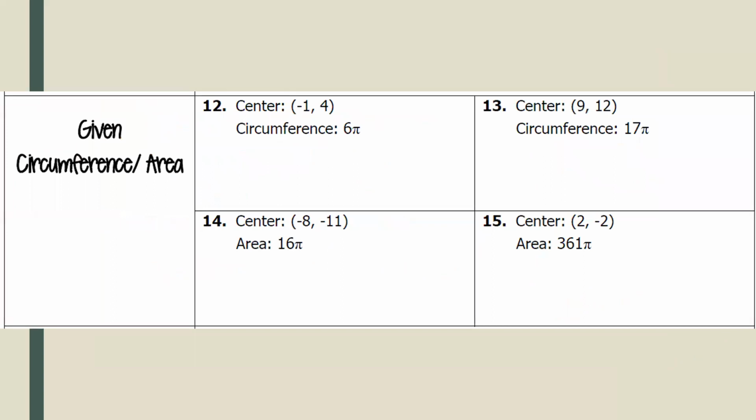All right, we still have a few more examples here. What happens if they give us the circumference or the area? Well, let's see. I'm going to write the equation of a circle up here. (X minus h) squared plus (y minus k) squared equals r squared. Great. We know the center. Cool, that's (h, k). So all we need now is r, or r squared. The circumference is 6 pi.